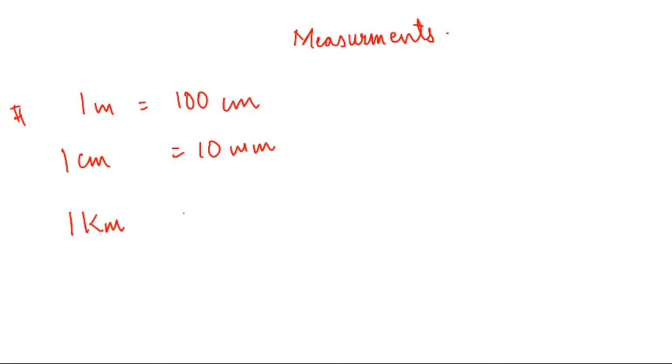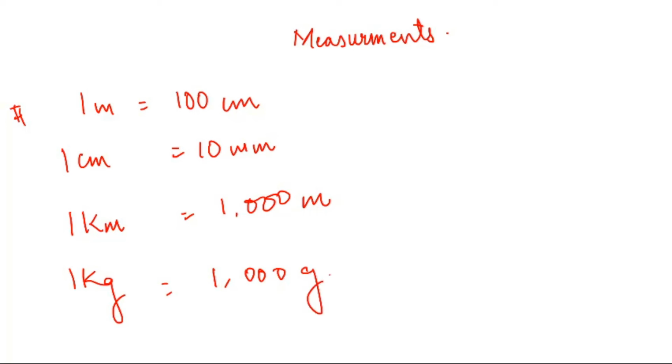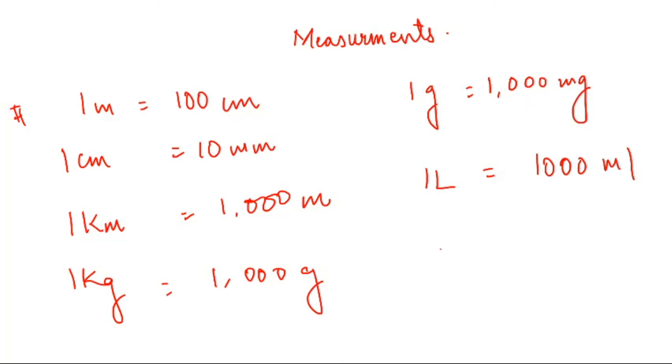And 1 gram is equal to 1000 milligram. Mg means milligram. 1 liter is equal to 1000 ml and 1 kiloliter is equal to 1000 liter. Okay, these are the measurements which you will use to solve these blanks which I have shown you.